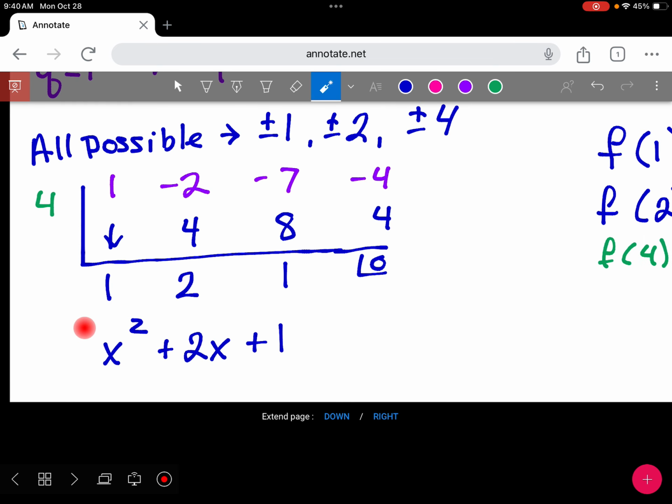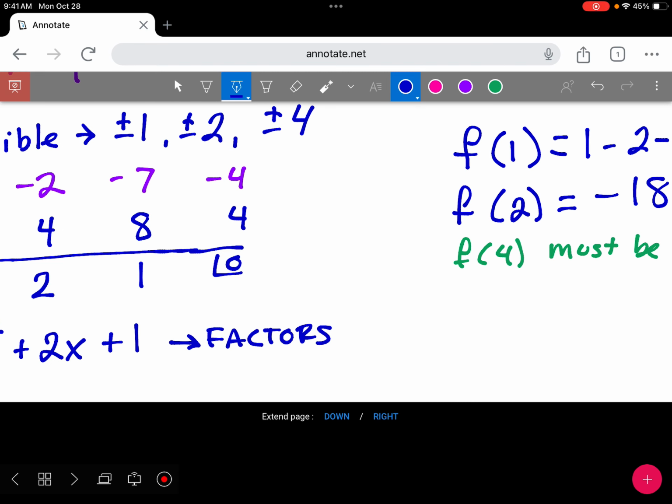Could we factor this guy? Yeah. This is a perfect square trinomial. This one factors, so we don't necessarily have to use any more division to get there. What is this one factoring into? x plus 1 times x plus 1.